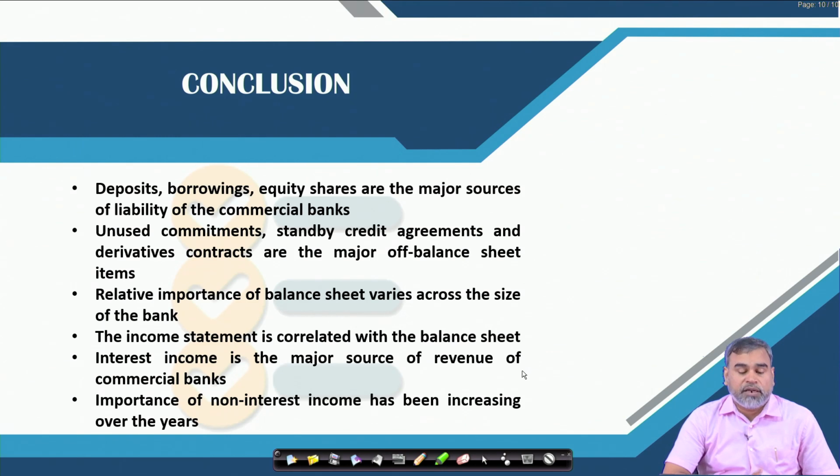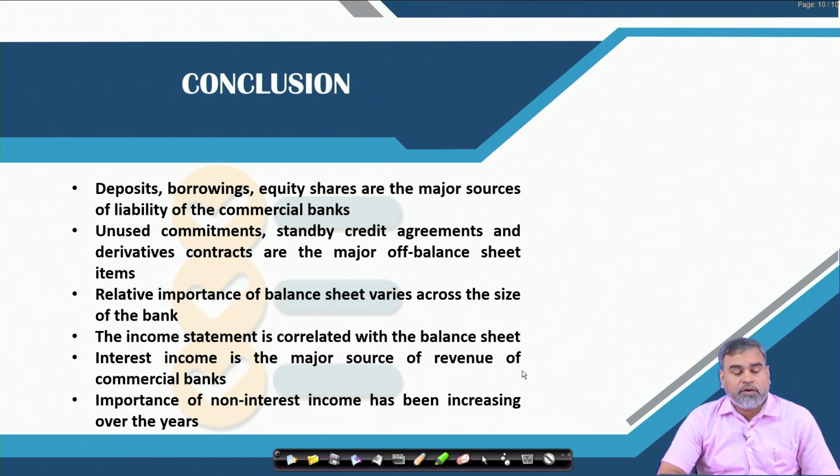The relative importance of the balance sheet varies across the size of the bank, as we just discussed. The income statement is correlated with the balance sheet: the sources and uses come from the balance sheet side, and from there we generate the income as well as the expenditure for preparing this income statement.